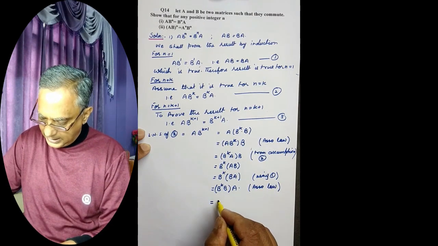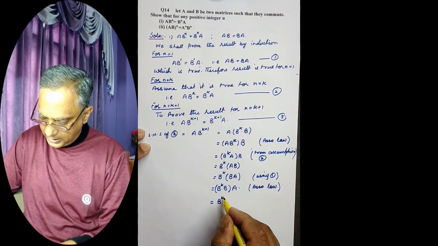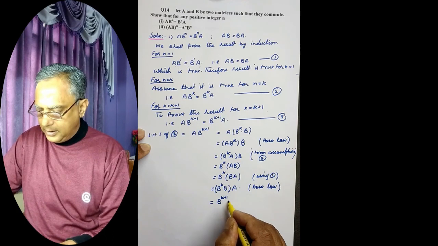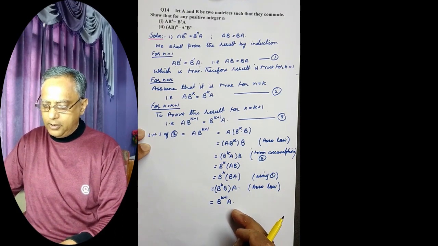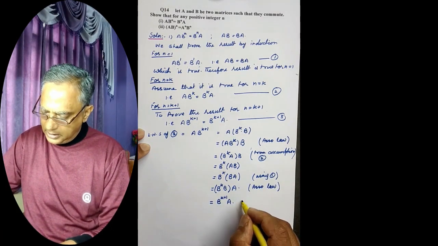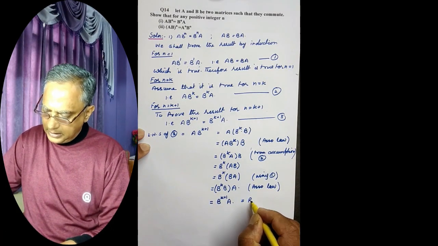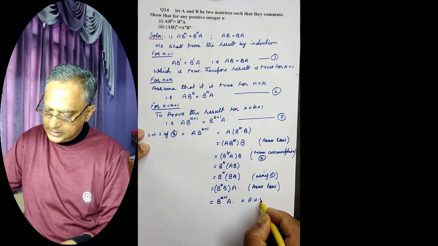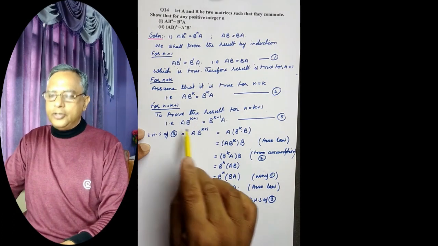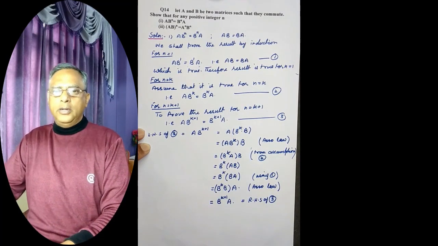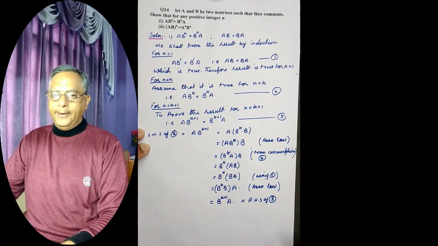This can be written as B to the power of k plus 1 into A, and this is nothing but RHS of 3. Hence 3 is true for n equal to k plus 1.